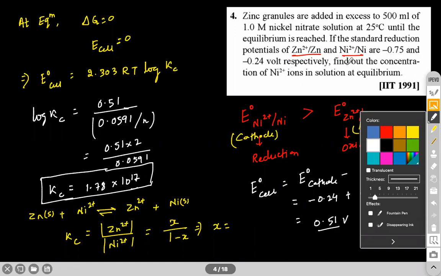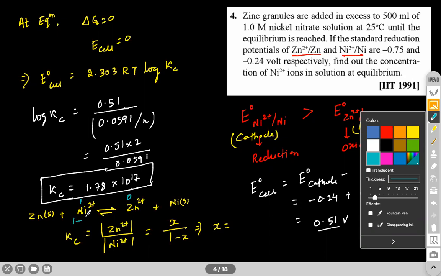We need to find out the concentration of Ni2 plus ion in solution at equilibrium. So when the equilibrium is achieved, we'll get Kc as this. If it is 1 initially, so it is given excess of 1 molar. So 1 it is given. This is 1, this is 0.